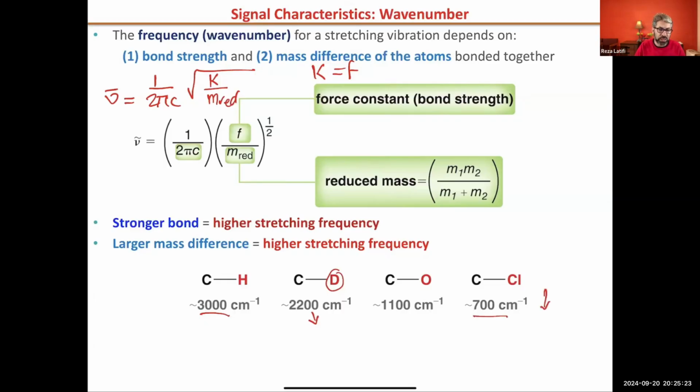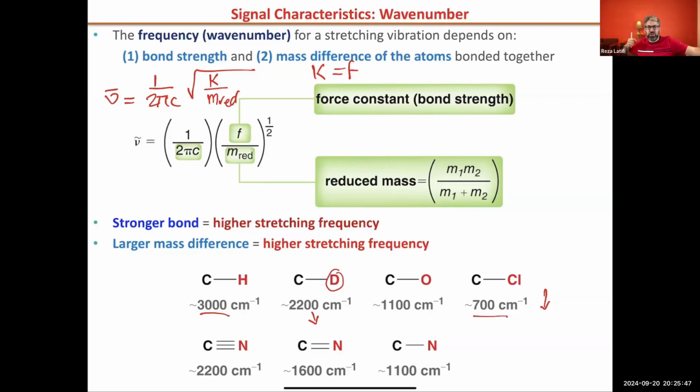And how about the next one? Next one says force constant, or k. What's a force constant? If you attach two atoms through a triple bond versus a single bond, those two atoms in a triple bond will be closer to each other. And because they are so close to each other, it will be so hard to pull them far from each other.